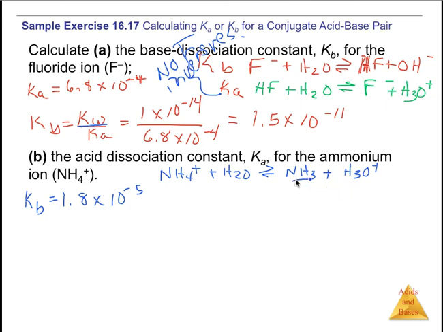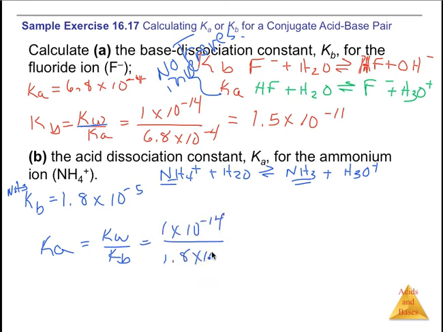So Ka for its conjugate acid is going to be Kw over its Kb, which is 1 times 10 to the negative 14th divided by 1.8 times 10 to the negative 5th. So the Ka for the ammonium ion is 5.6 times 10 to the negative 10th.